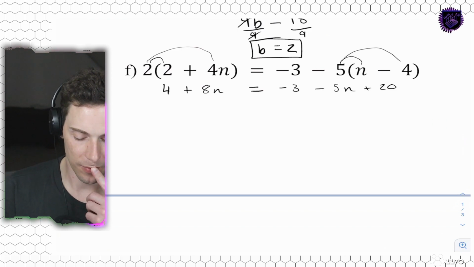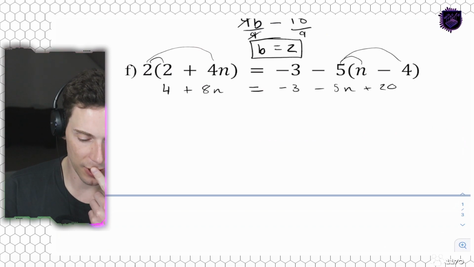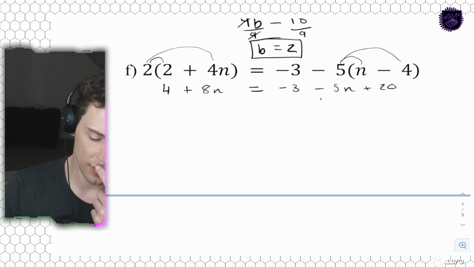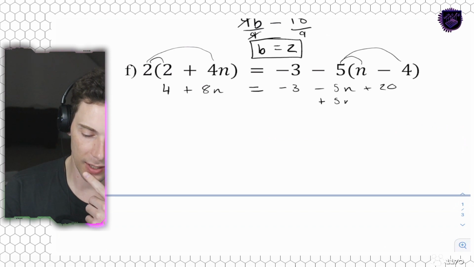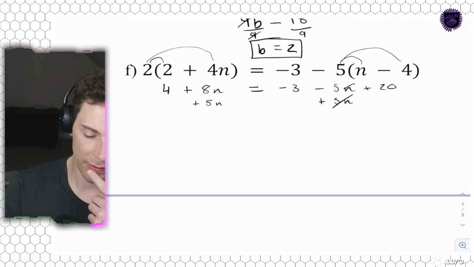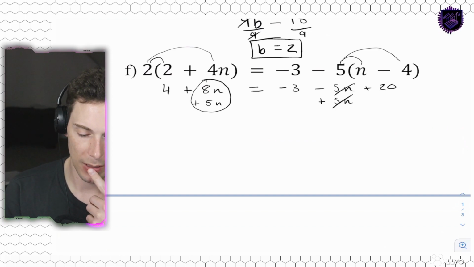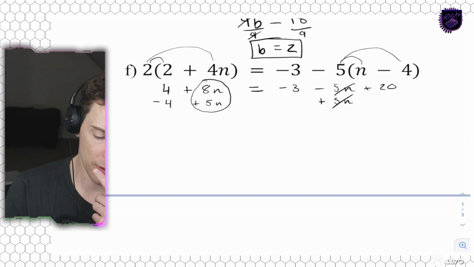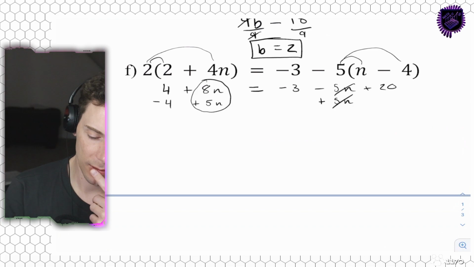So we can combine like terms. Let's add 5n here, and add 5n here. On this side, 5n is going to cancel out, and on this side, we'll have to add them together. Then we will subtract 4 here, and subtract 4 on this side.